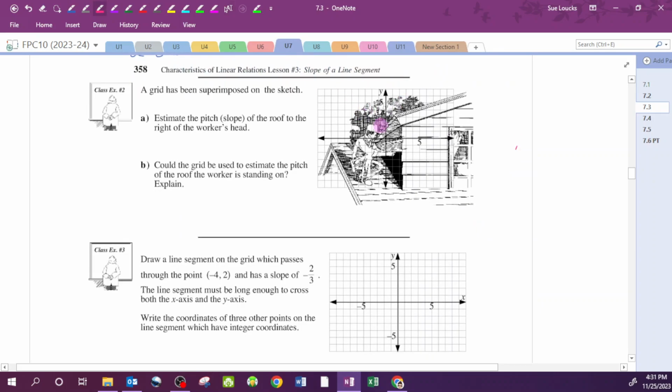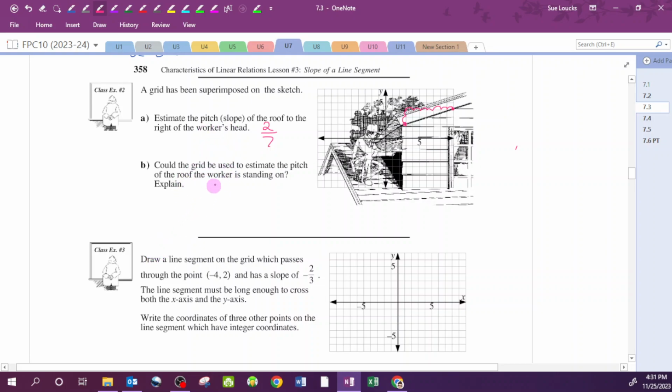Let's try that again. That point right there, and this point right here, is supposed to be right on the grid. So that gives us a run of 1, 2, and a rise of 2, and a run of 1, 2, 3, 4, 5, 6, 7. So that gives us a slope of 2 over 7.